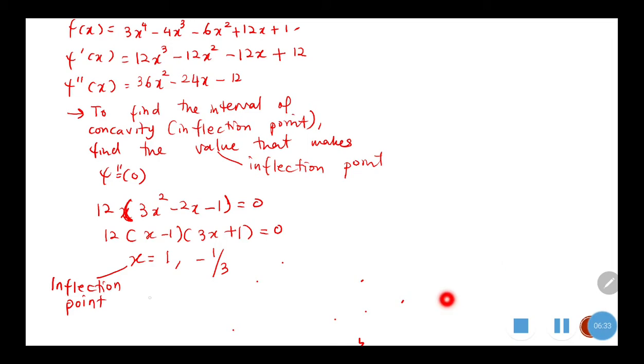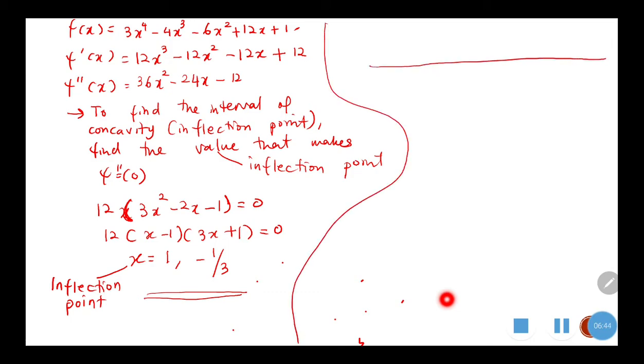Now that we have found the inflection points, we have to do the line test. I'm going to show it here. It's similar to the critical function test before.